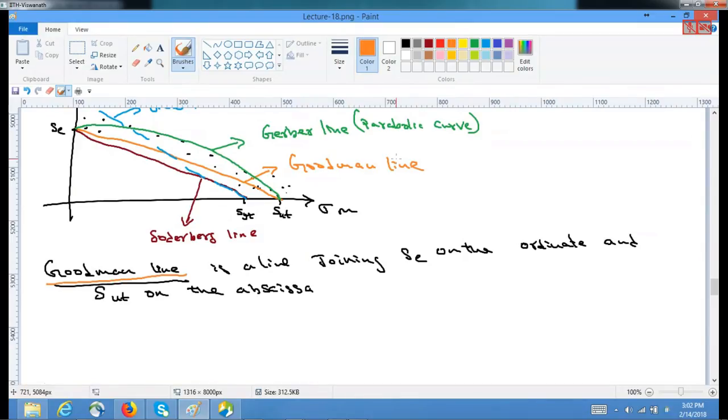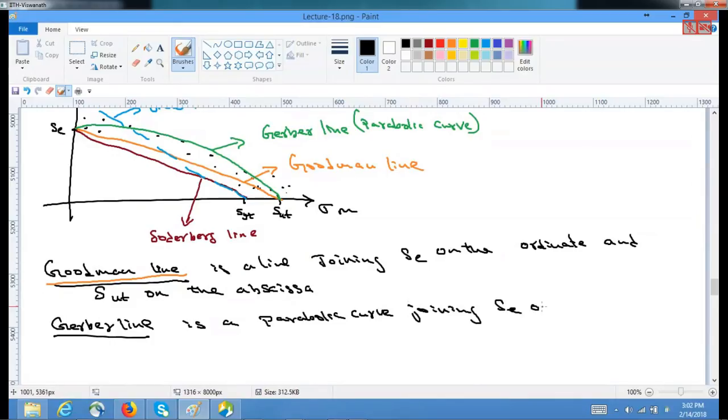And the Gerber line is a parabolic curve joining SC on the ordinate and SUT on the abscissa.